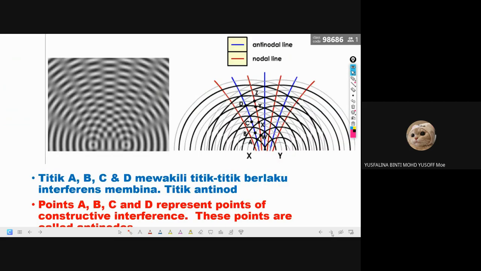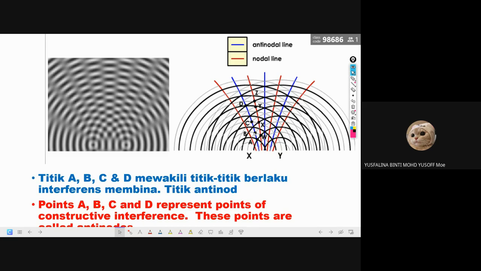So this is what I just mentioned just now. For this, there is A, B, C, and D. A, B, C, and D represent the constructive, where the crest meets the crest or the trough meets the trough.